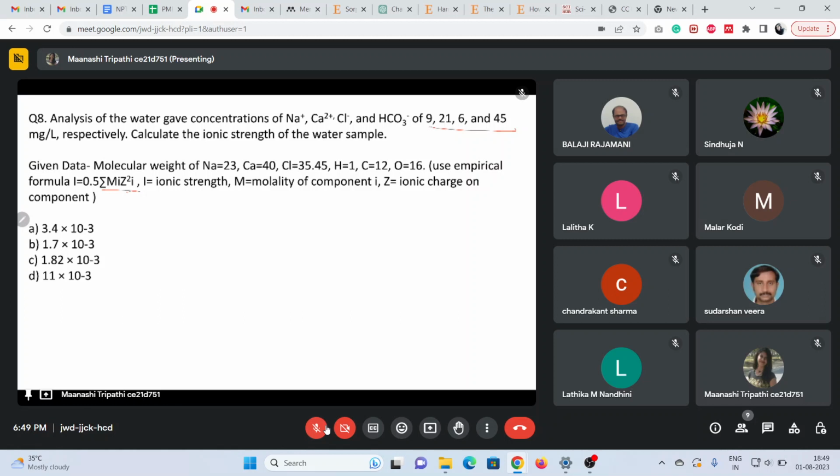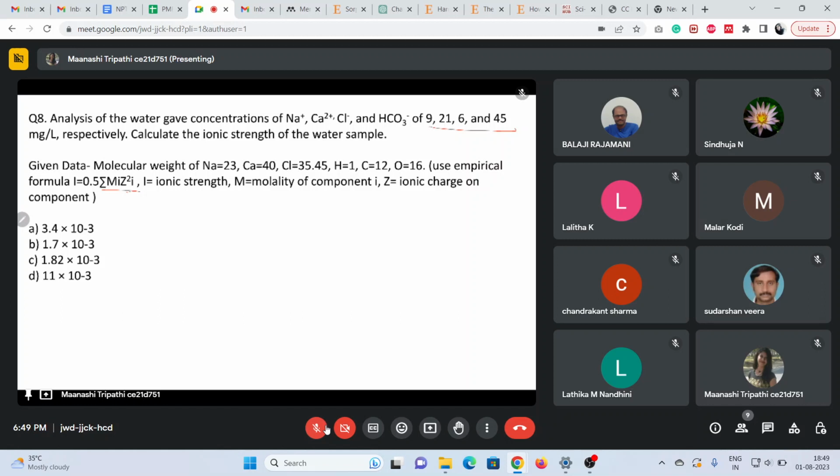Here the valency is 1, so 1 is coming, but for calcium the valency is 2, so 2 is coming. Now these are Z square, then Mi Z square. We take the summation, and ionic strength is 0.5 multiplied by this value. Multiplying by 0.5, we get 1.7 into 10 raised to power minus 3.